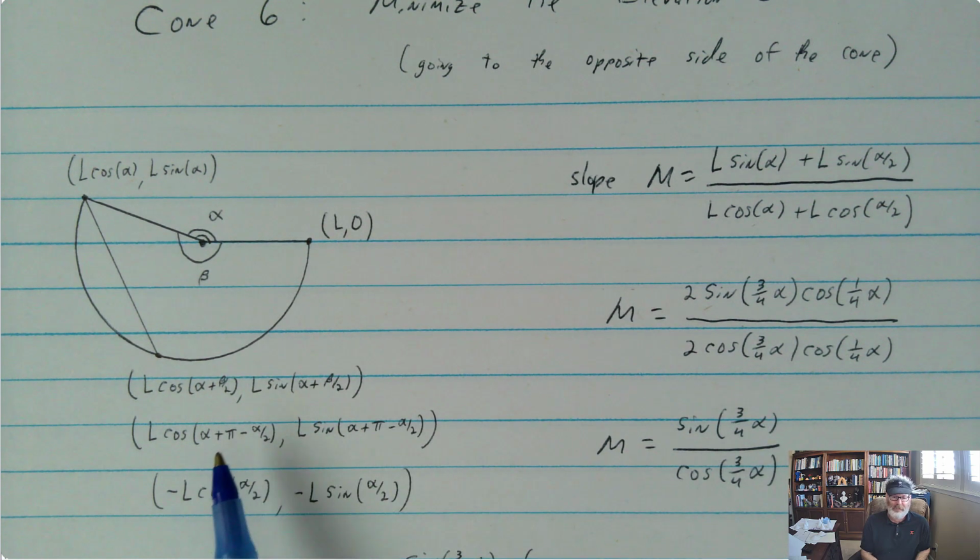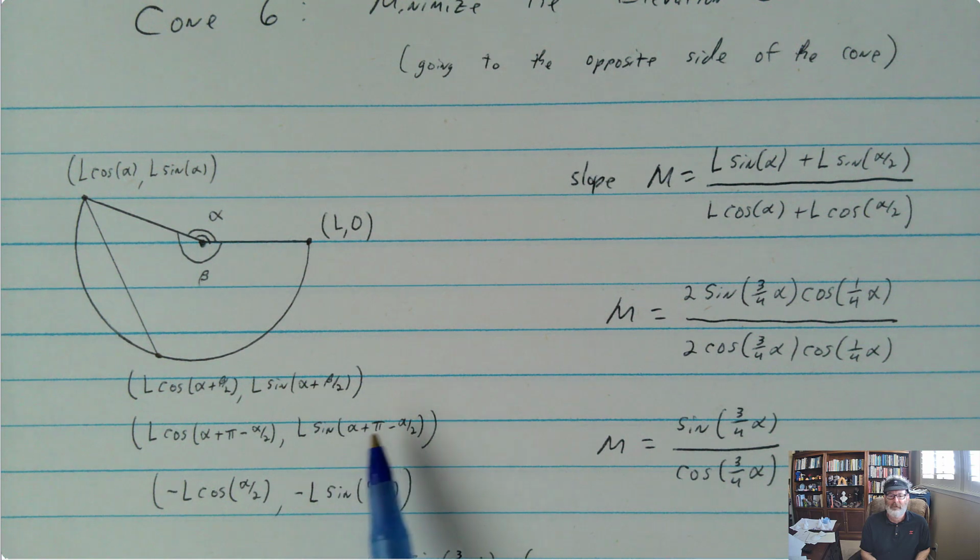And then cosine of pi plus alpha over 2 is cosine cosine minus sine sine, but that'll be 0. And cosine will be cosine of pi, so there's a negative. And similarly with this, it'll be sine of alpha over 2 plus pi, which will be sine cosine plus cosine sine.